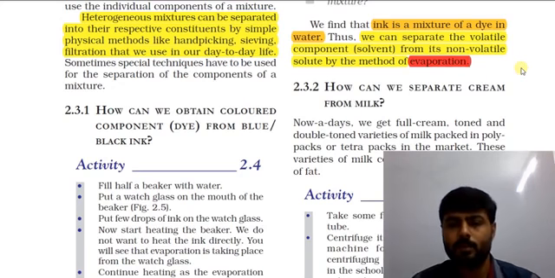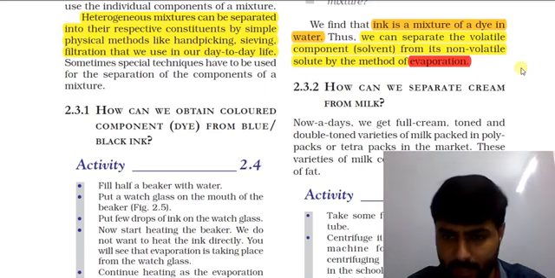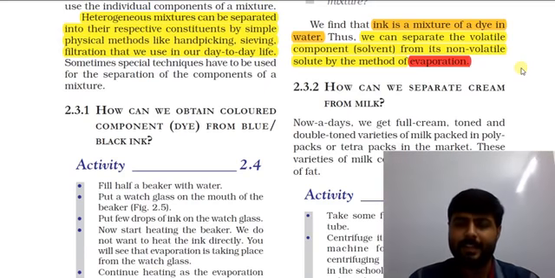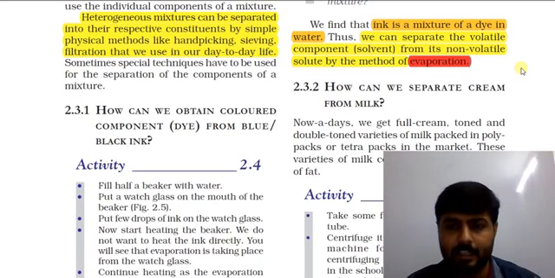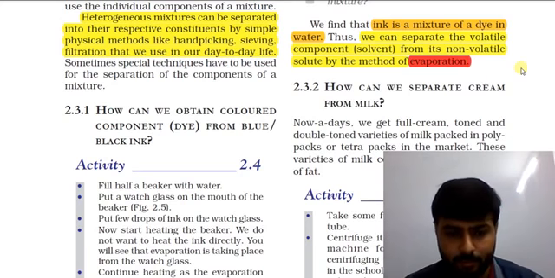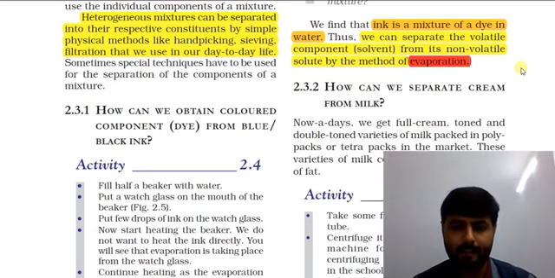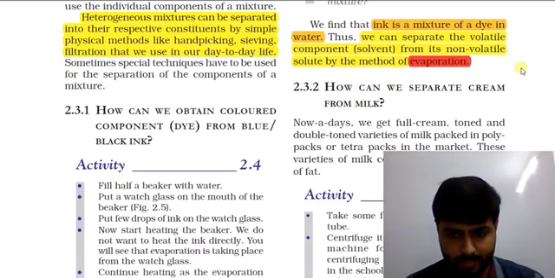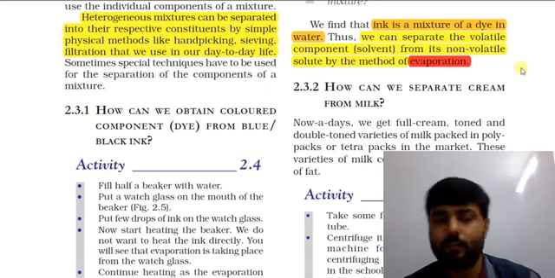So what is the use of evaporation? We can separate a mixture in which one component is volatile while the other component is non-volatile. That kind of mixture we can separate by a technique called evaporation.